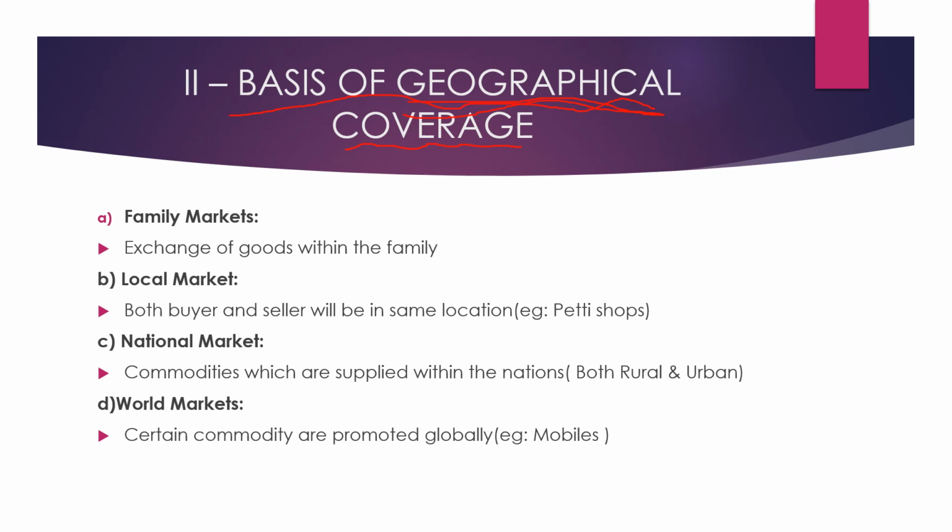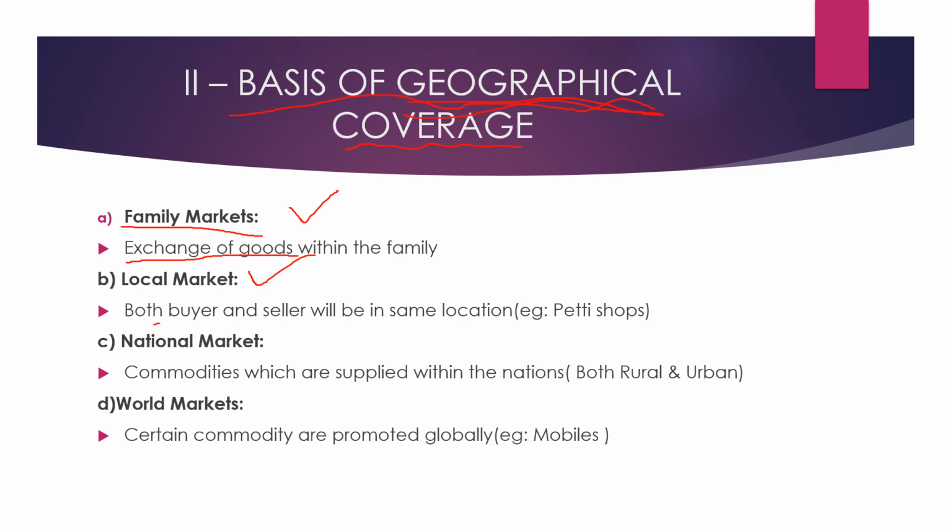And then we have four types of geographical coverage. The first one is family market. The family market is a basic market in which goods and services are exchanged within the family. The second one is local market.